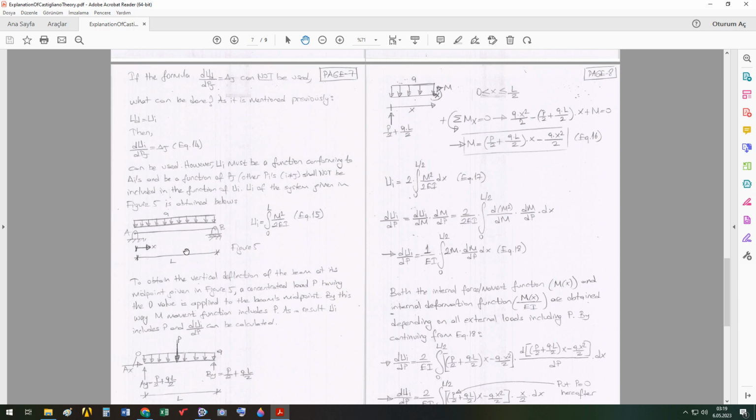Now here we have a numerical example. Ui is the potential energy of internal forces. Actually, internal forces, these are internal moments. But you know, this term is much higher than the other terms coming from shear forces and normal forces, or shear deformations and axial elongation.